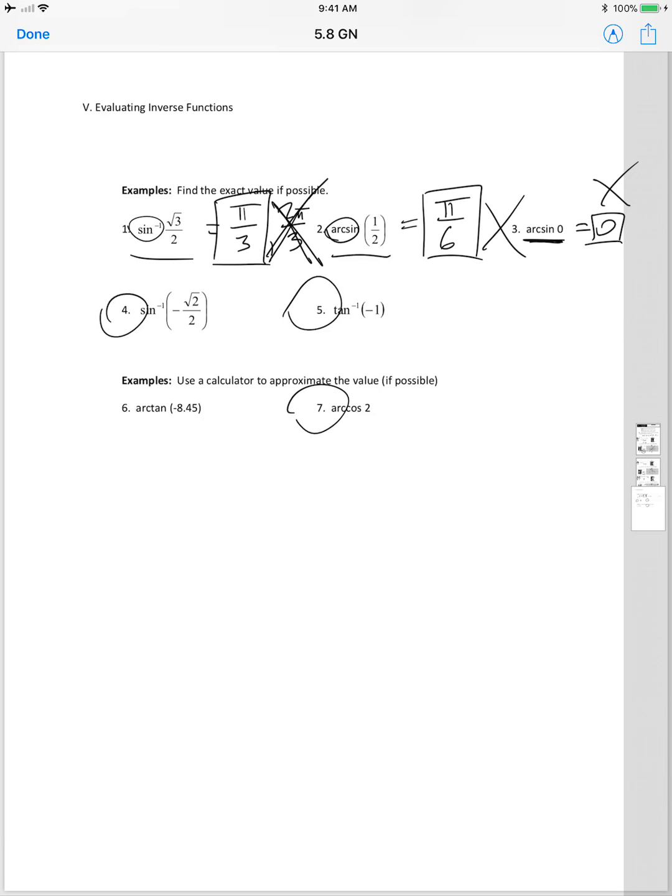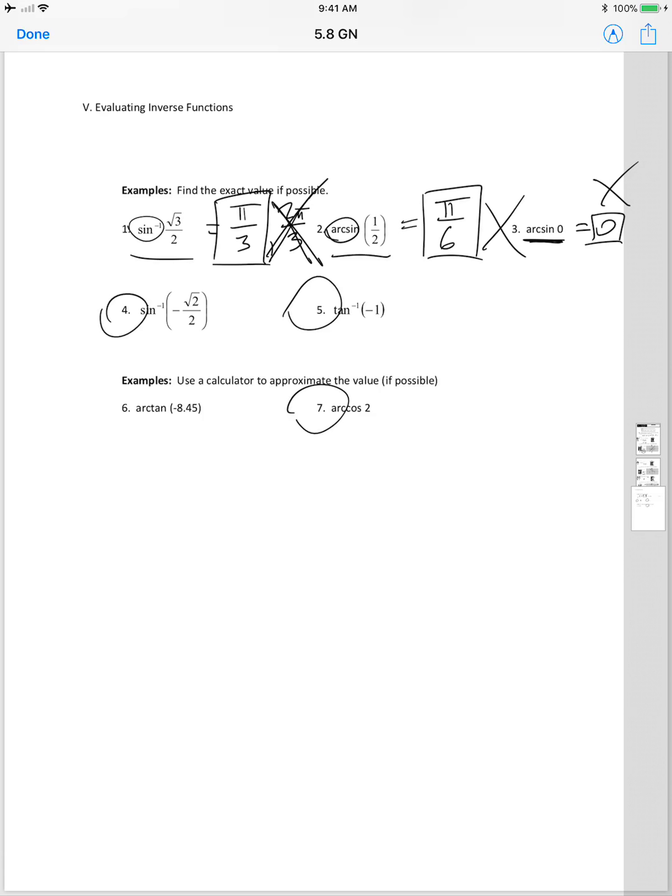Now, just like for angles that are not nice angles from the unit circle, we can also take a look at using our calculator. The inverse trig functions on your calculator are the second function for sine, cosine, and tangent buttons.